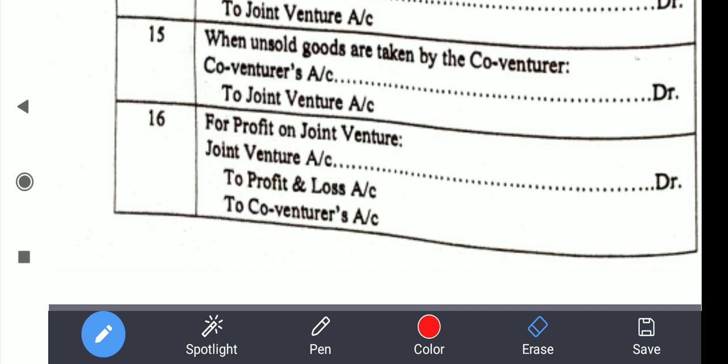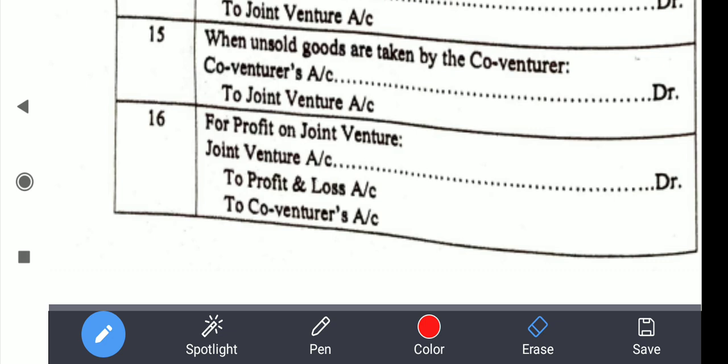So here there are three methods of recording the accounts. One is no separate set of books for the joint venture, another is a separate set of books for the joint venture, and the third is recording of transactions in the books of one of the co-ventures. There are three methods, but now we are focusing only on no separate set of books, which means each co-venture maintains the books.